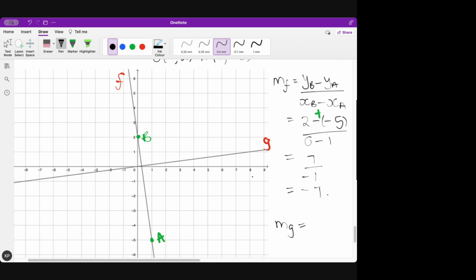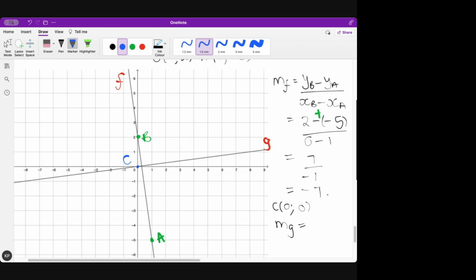Let's move on to gradient of g. Has anyone found points or coordinates for me on g yet? 0, 0 is true, which is point C. And the last one, one more coordinate, guys.